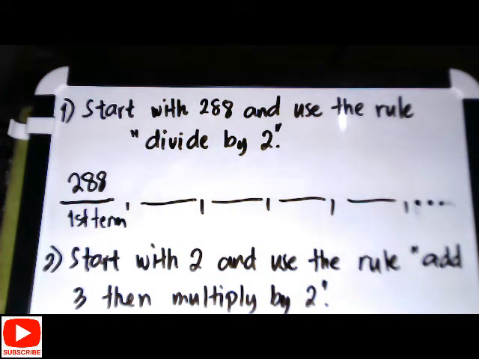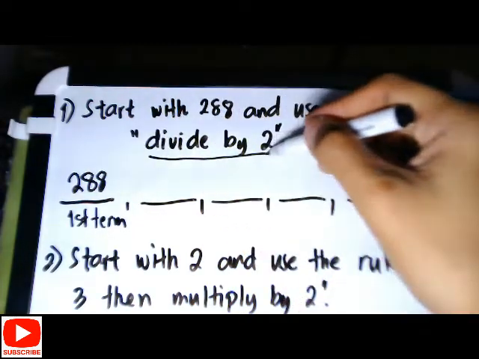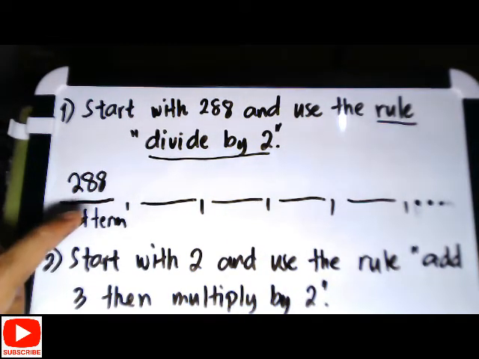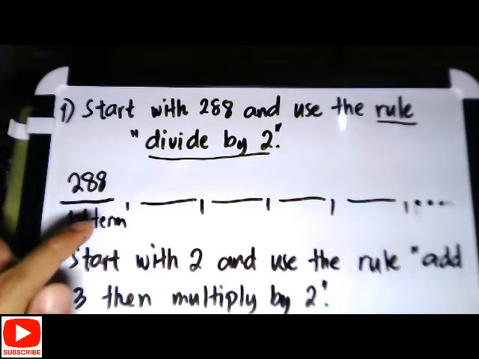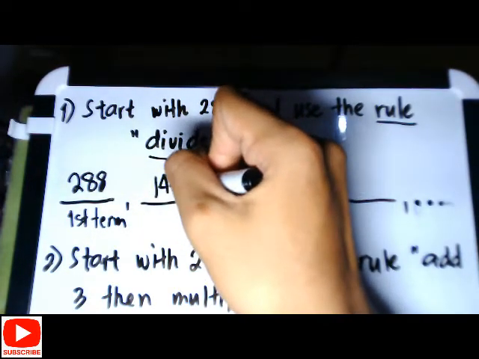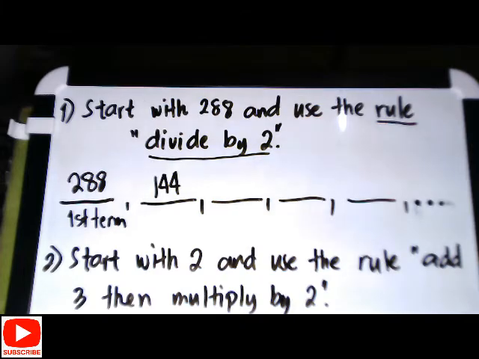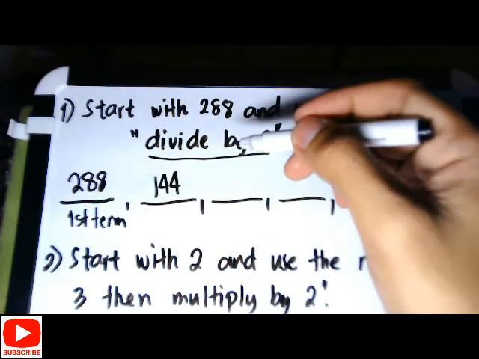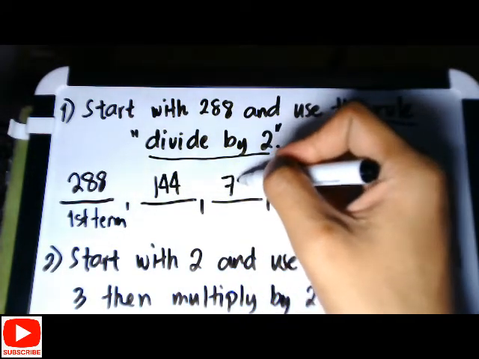Since the rule is divide by 2, we will divide 288 by 2, and that is equal to 144. Next, 144 divided by 2, that is 72.